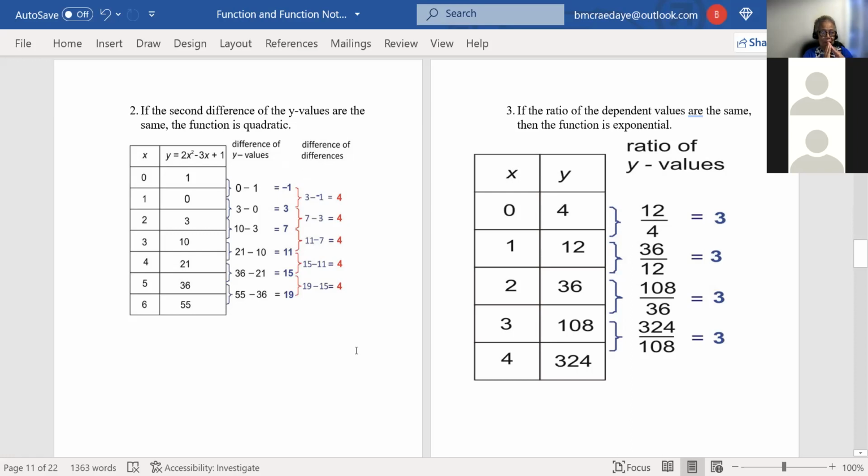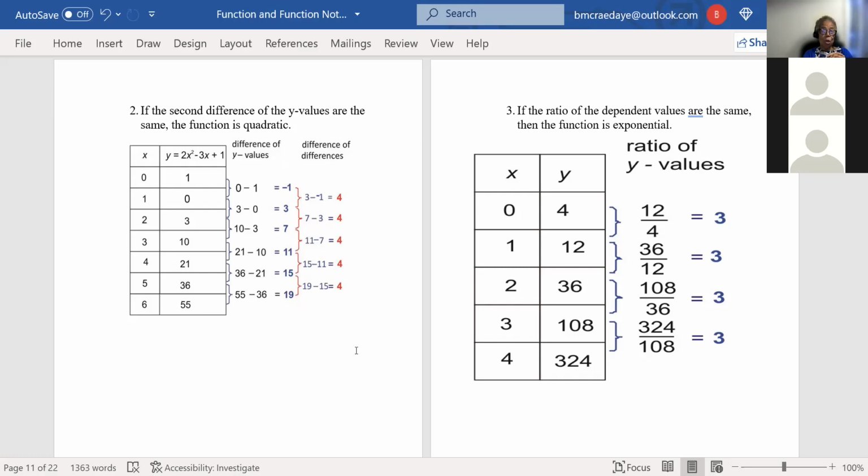Any questions on that one? Once you get your first difference and they're not the same, then you go to your second difference. And if they're the same, then it's quadratic. So first difference the same, linear. Second difference the same, quadratic.